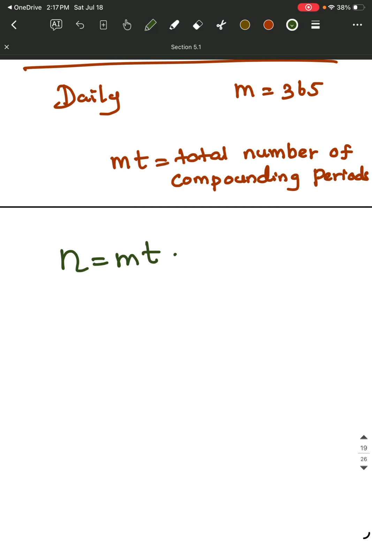Also, we define I equals R over M for further calculations.